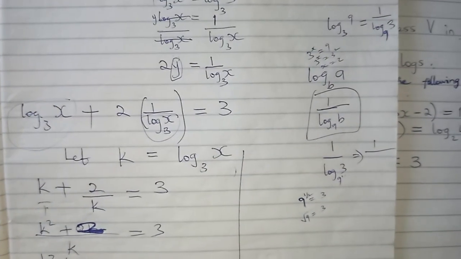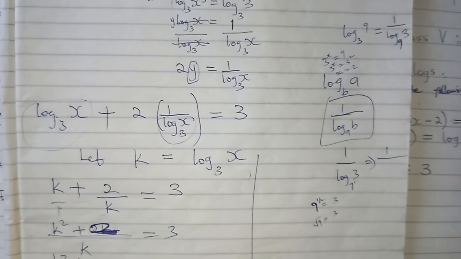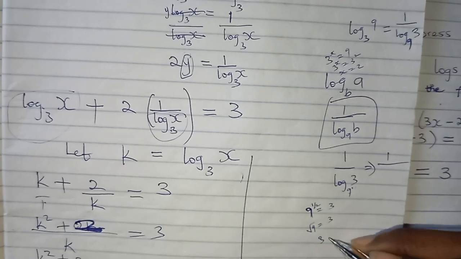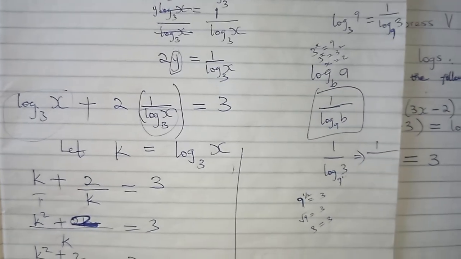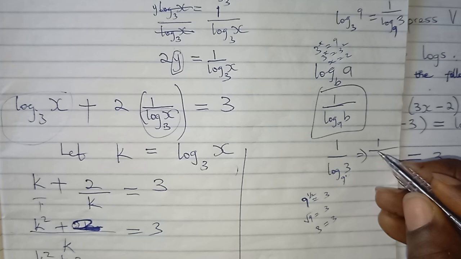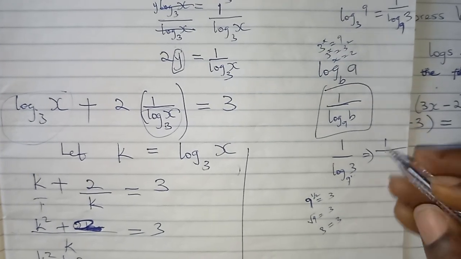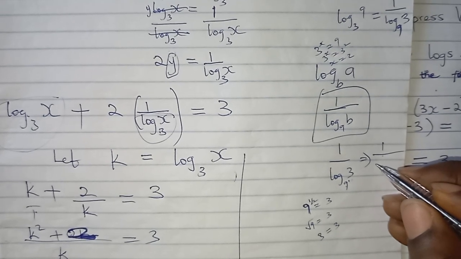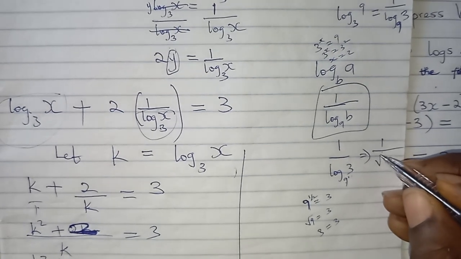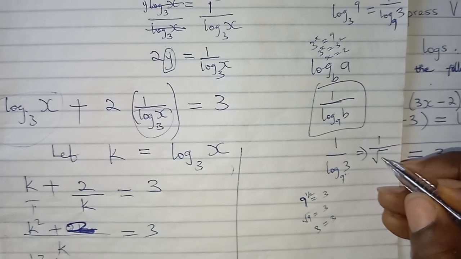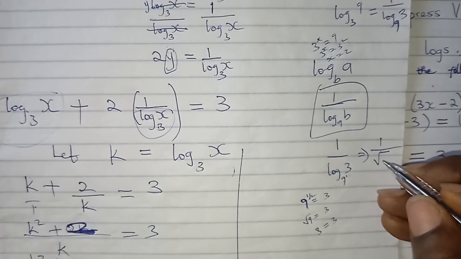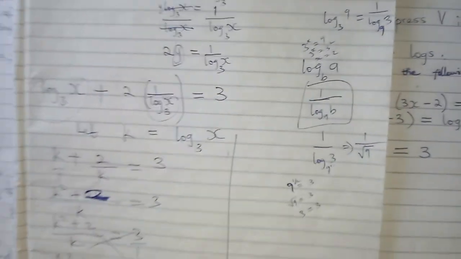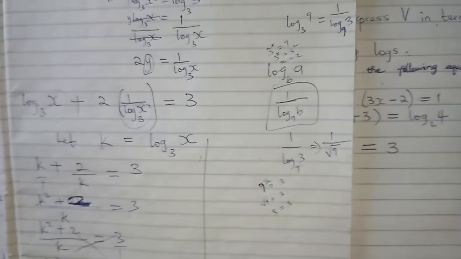So if the square root of 9 will give me 3, let's try to do it. If I take the square root, I get 3 equals 3. Then remember that I have 1 over it here, which means that what I will have here is going to be the square root of 1 over the square root of 9. And that should be, let's be sure.